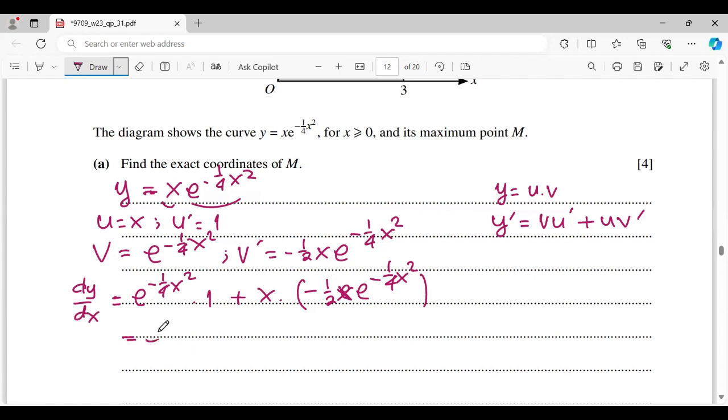So it becomes e power minus quarter x squared minus half x squared, because x times x, e power minus a quarter x squared. So it becomes, factorize, e power minus a quarter x squared times 1 minus half x squared.